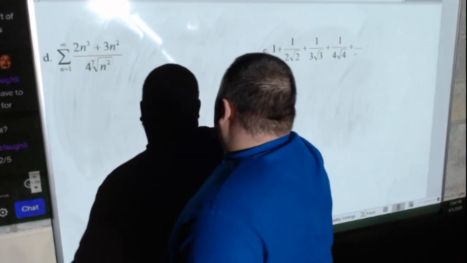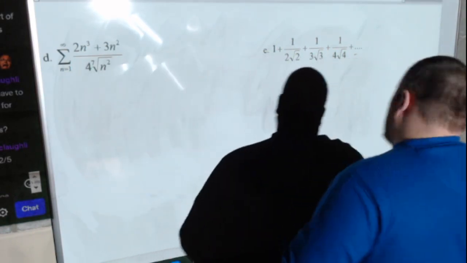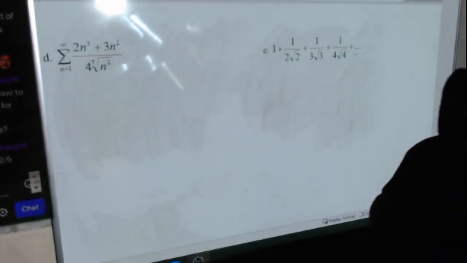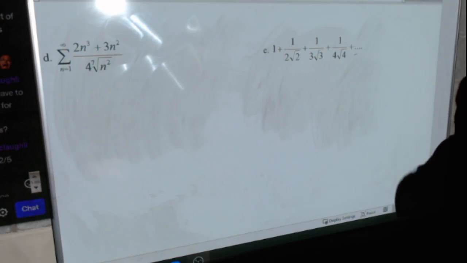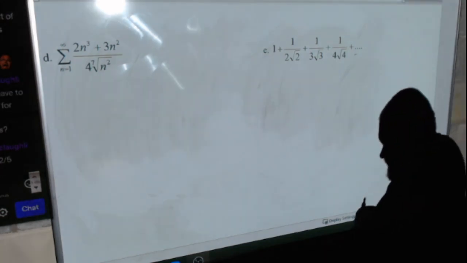Then what about D here? Any suggestions on how to start this one?